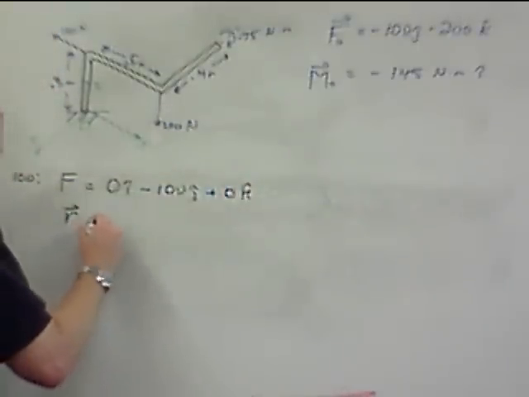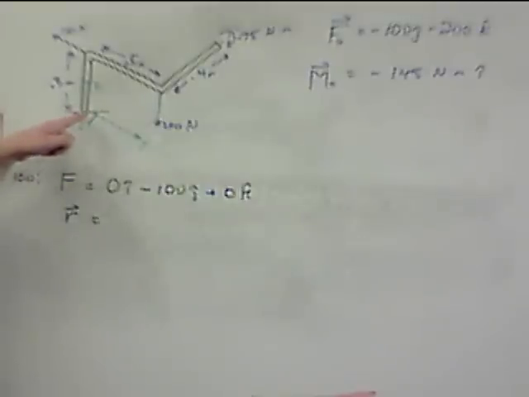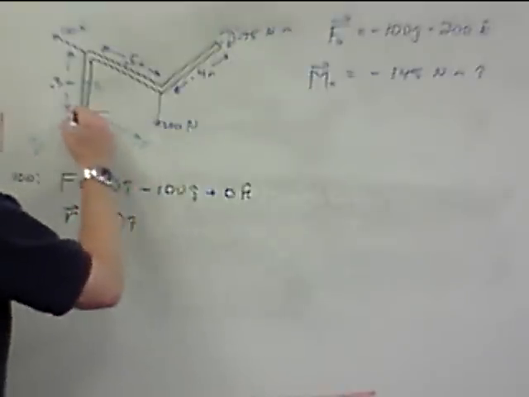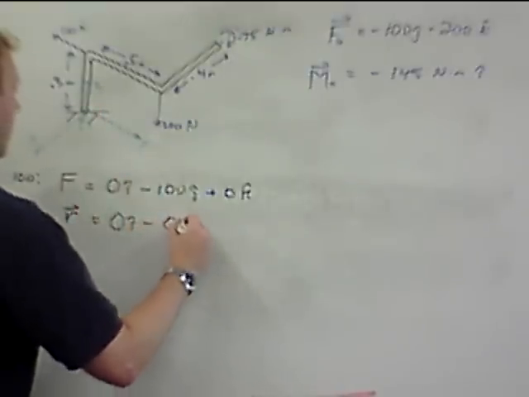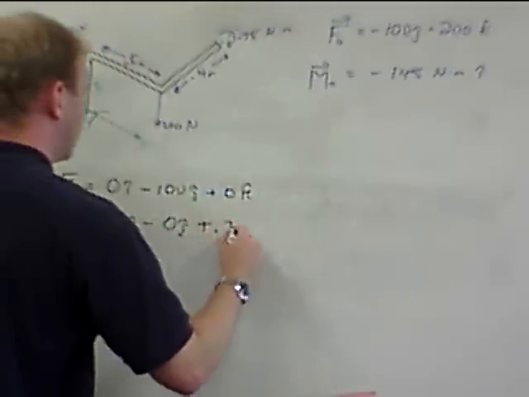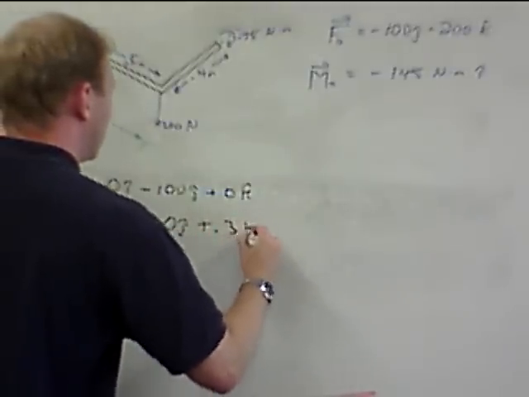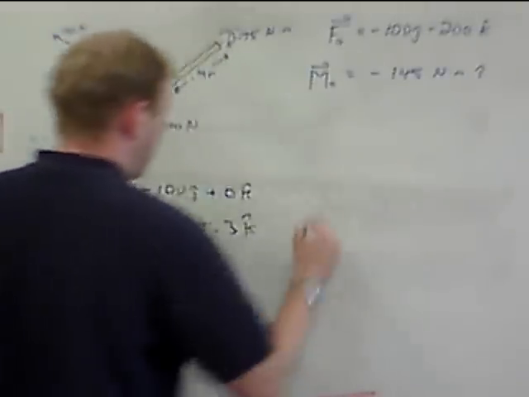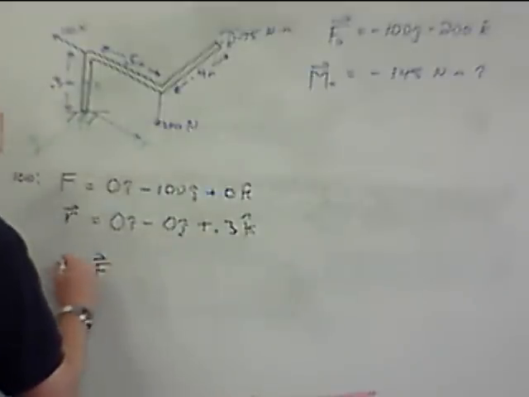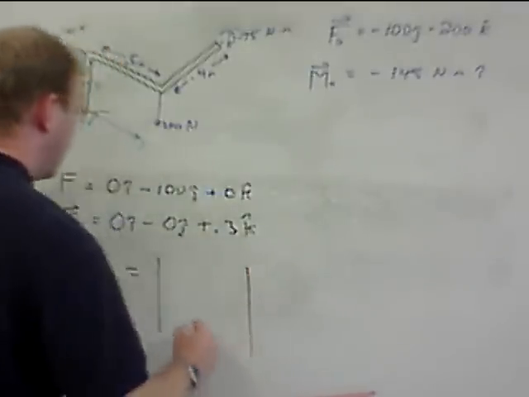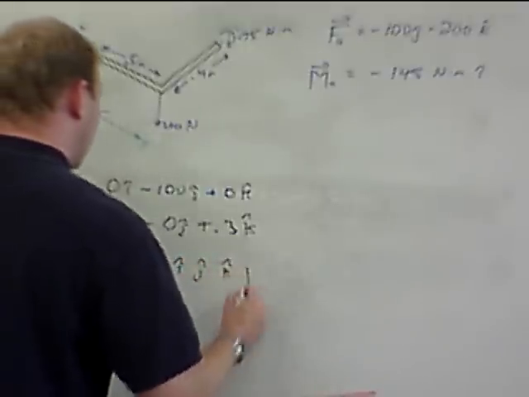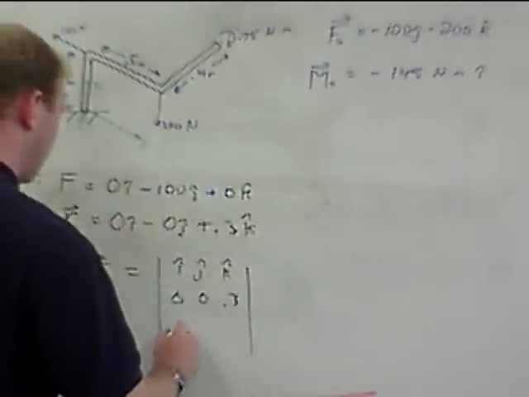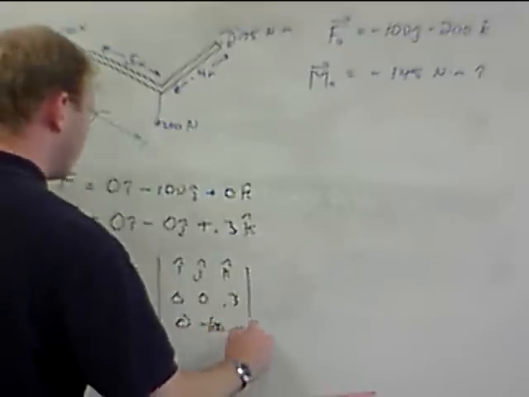R is the distance from O, the position vector from O to where that force is applied. Okay, we don't go anywhere in the X, we don't go anywhere in the Y, we go up 0.3 meters. So R cross F is going to equal, again, I, J, K. R is 0, 0, 0.3. F is 0, negative 100, 0.